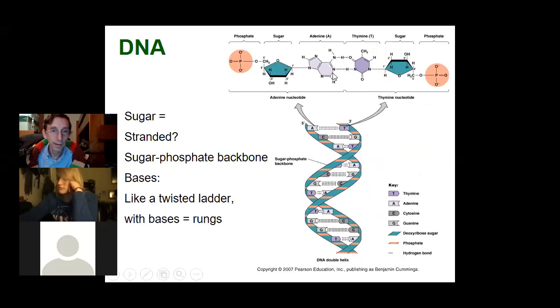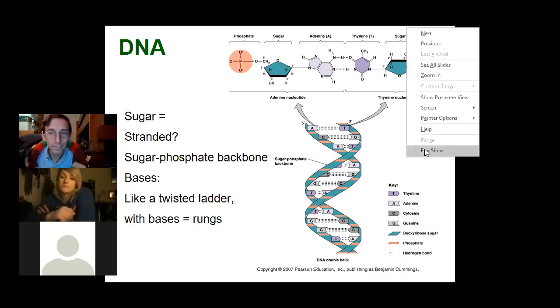So DNA is composed of the sugar deoxyribose. It is a double-stranded molecule, meaning there's one strand of DNA and a second strand of DNA. The two strands bind together by hydrogen bonds between the nitrogen-containing bases. It's held together by the sugar-phosphate backbone.